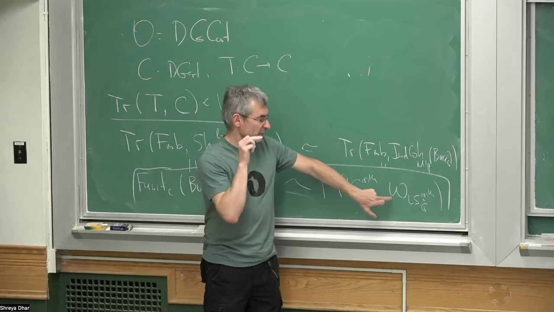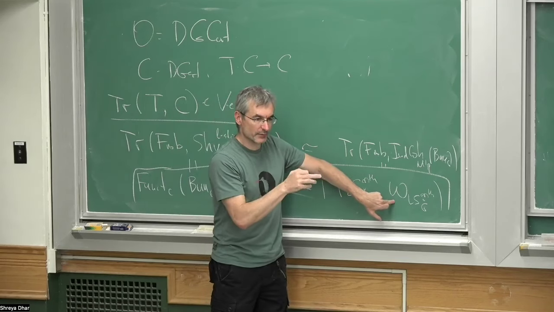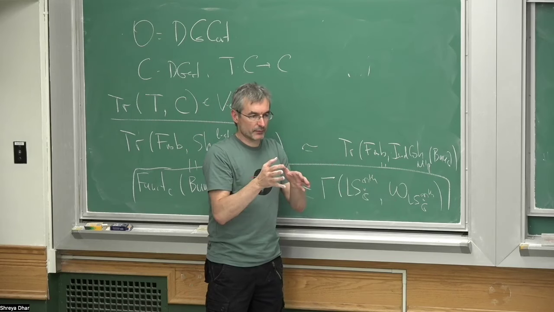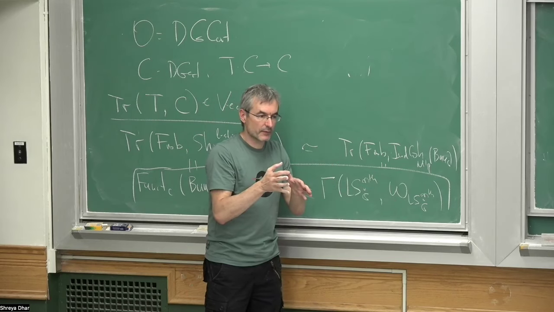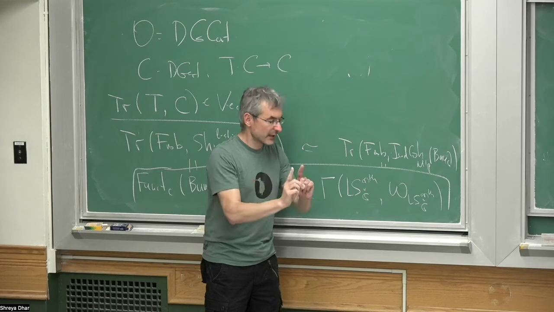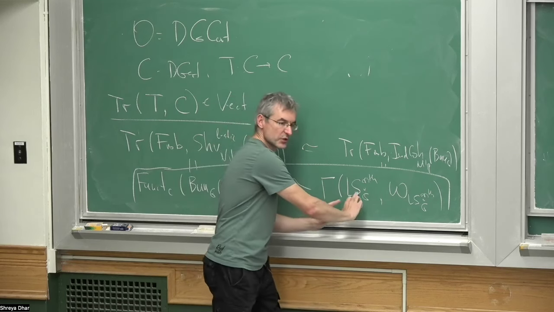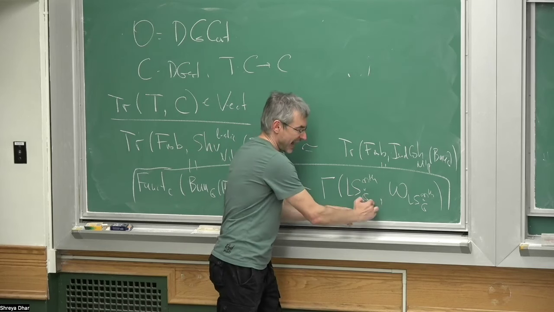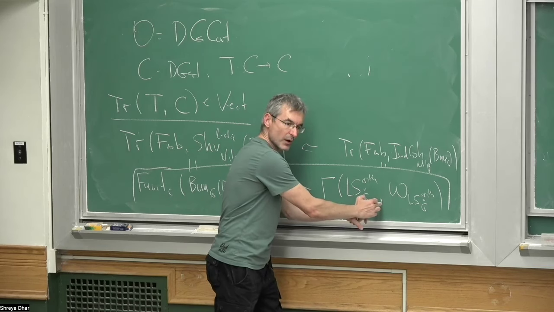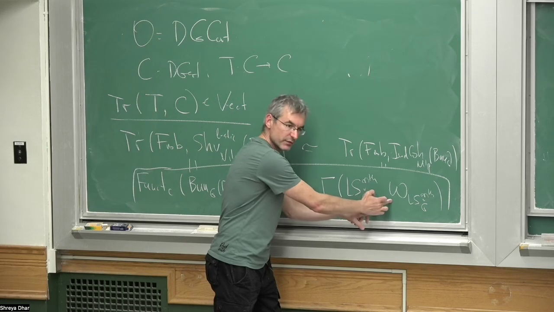global sections of O. But the answer should be some vector space, right? What is the vector space on the right-hand side? Again, the algebra of excursion operators is global functions on the stack, and it acts naturally by endomorphisms of any sheaf.